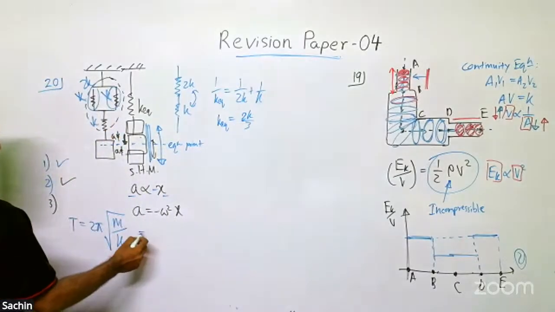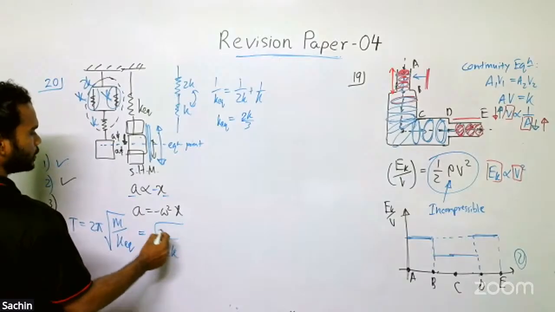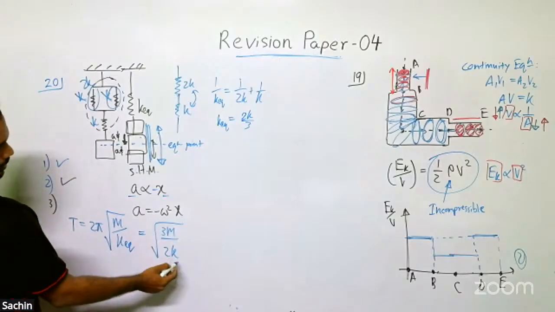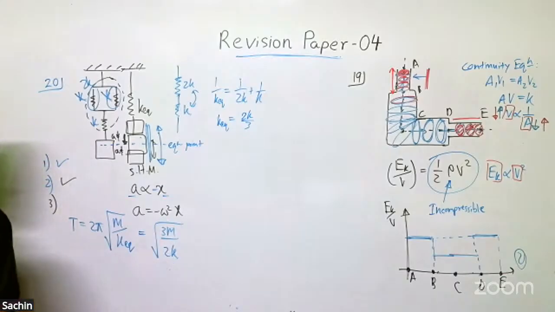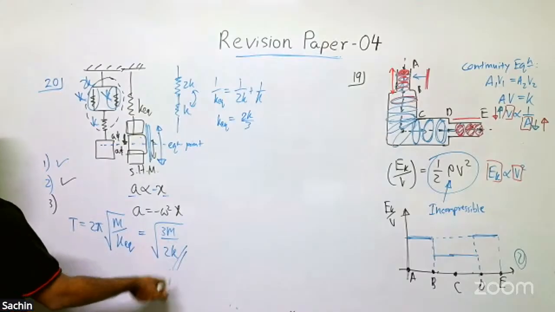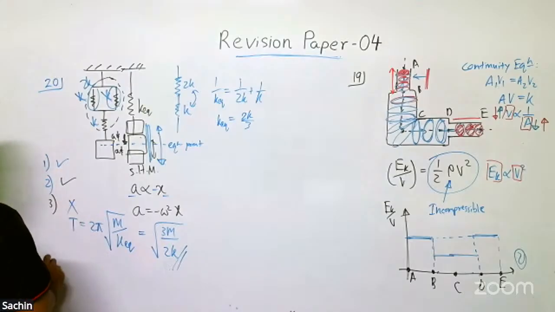When you apply it here, this equation will become 2π√(3m/2k). The 3 goes to the numerator. So this will be the time period. By the way, in the answer, these two values are interchanged. So this is wrong. So the false statement is the third one actually.